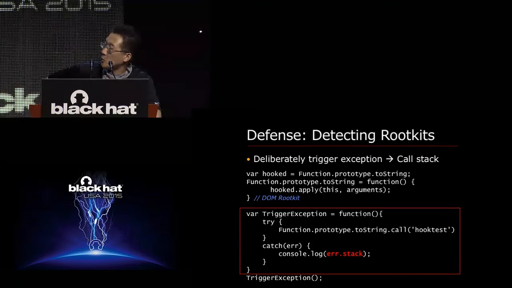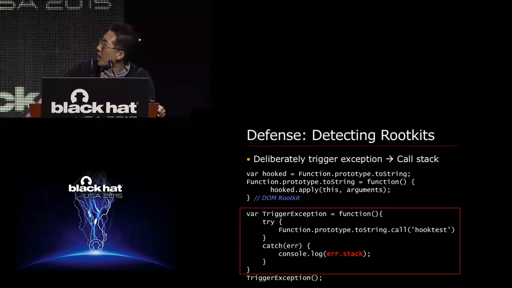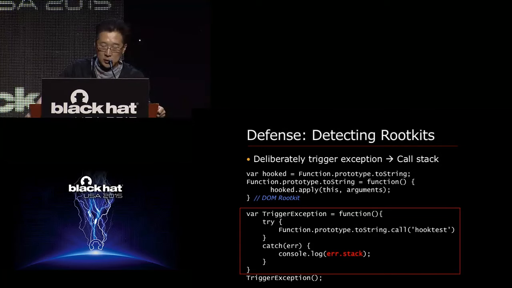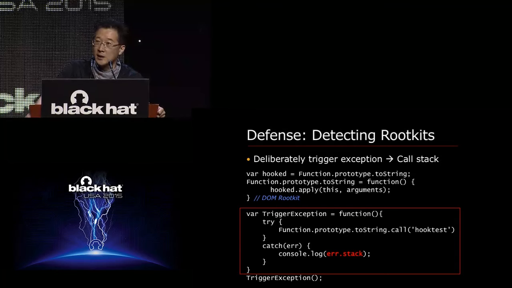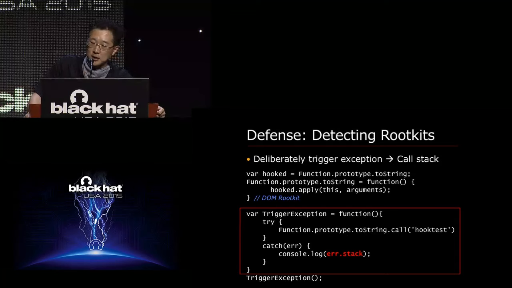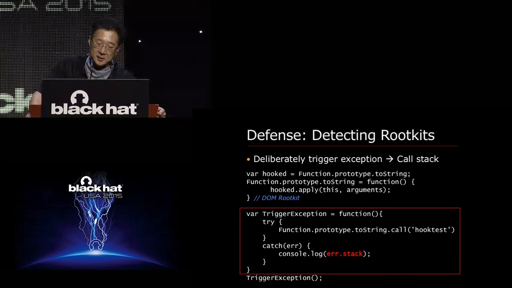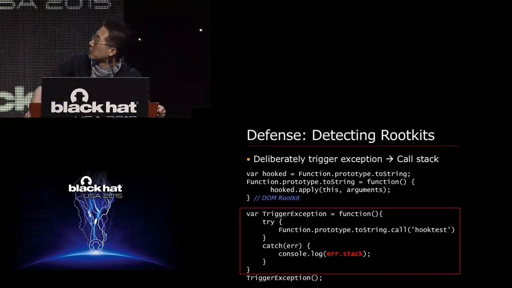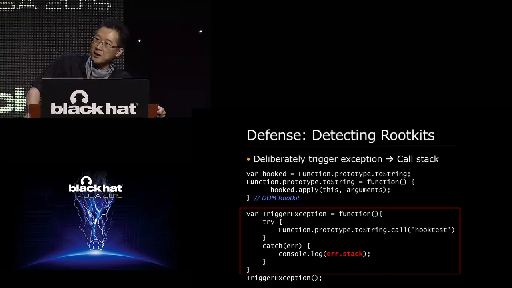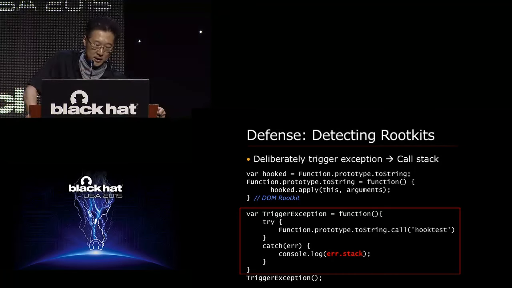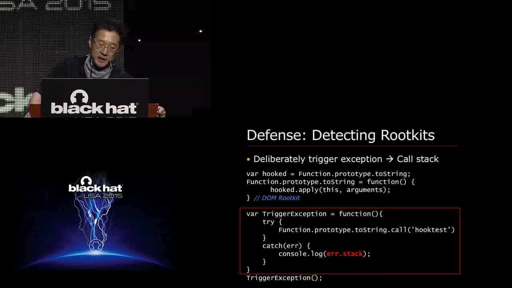So essentially, what you do is you embed an exception into a potentially rootkitted function. The toString function here accepts only a function object, but if you pass a string in there, it will trigger an exception, and on exception, you have the opportunity to look at the call stack.